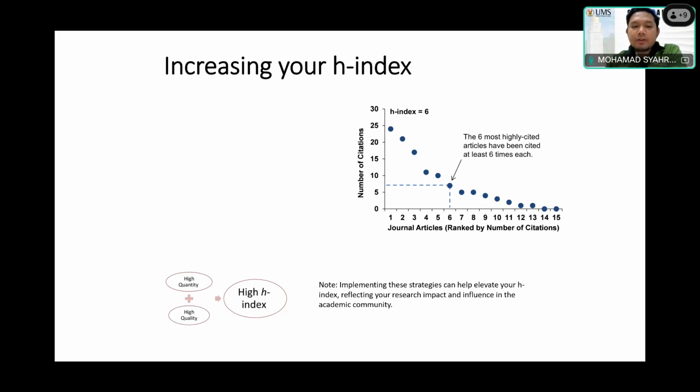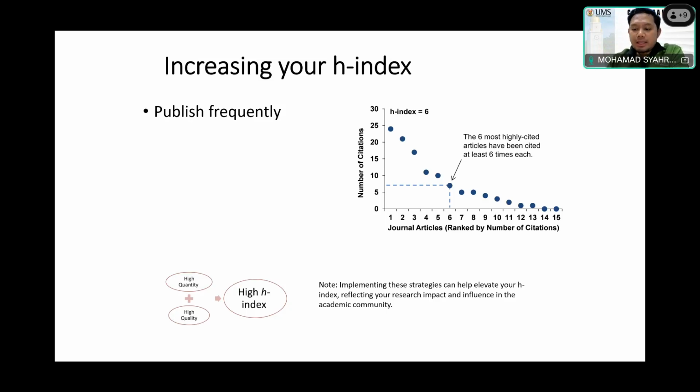A high H index reflects high quantity plus high quality. It takes time for you to increase your H index, but at least implementing these strategies can help elevate your H index. What does H index reflect? Of course it reflects your impact and influence in the academic community. It's not just H index. Okay.